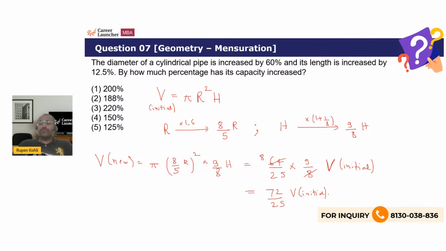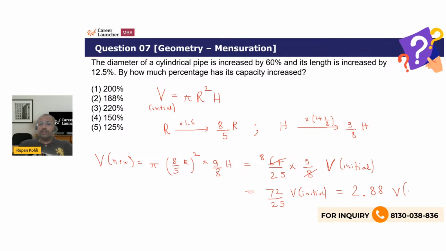72 by 25 in decimal form. If you divide 72 by 25, so 25 into 2 is 50, and then there is 22. 22 by 25, 1 by 25 is 0.04. So 22 by 25 is 22 into 0.04, which is 0.88. So this in decimal terms is 2.88.